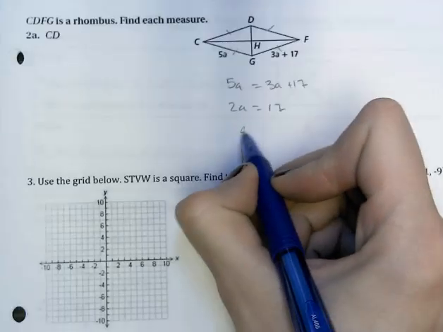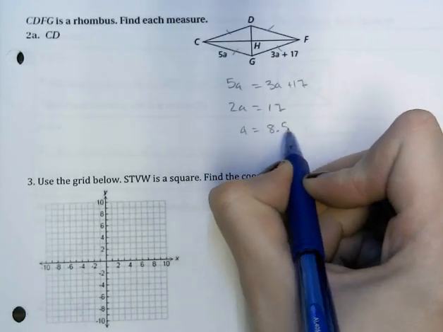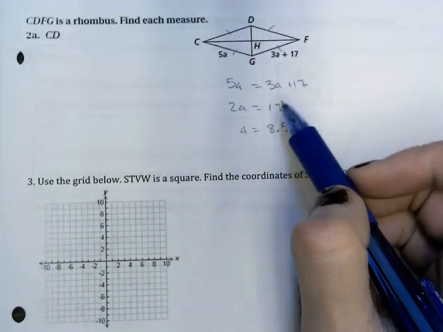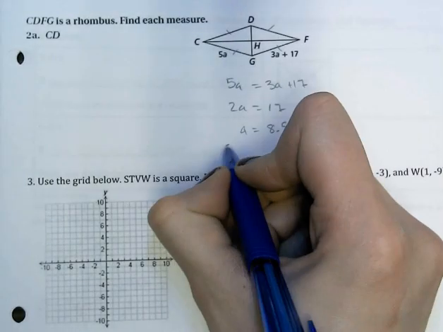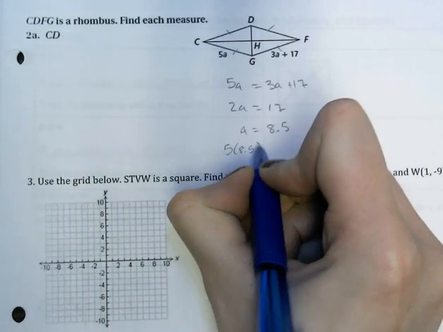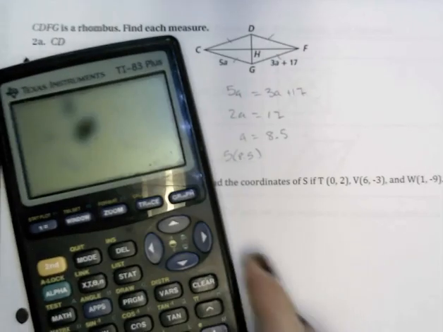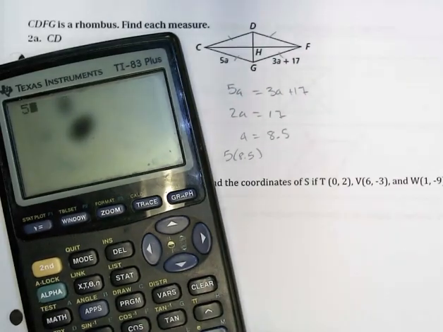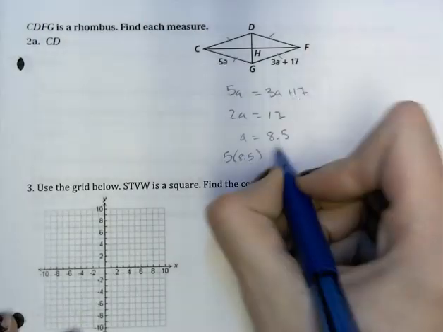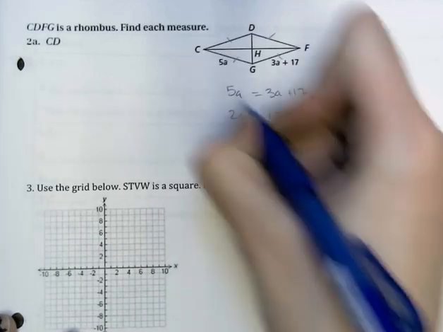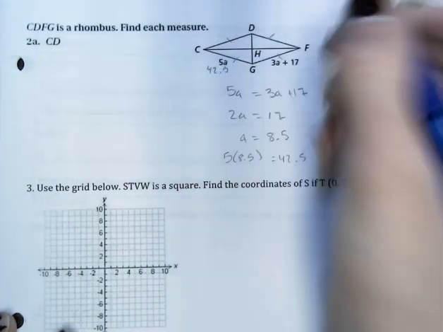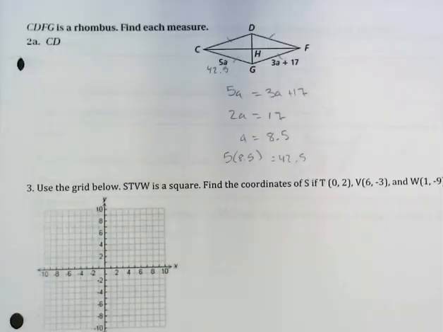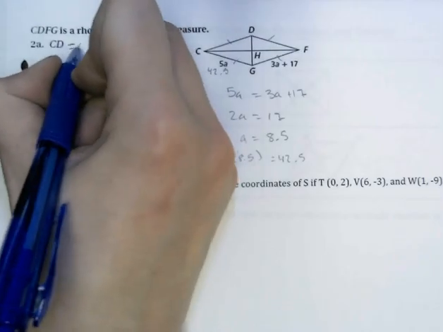Divide by 2, half of 17 is 8.5. If I plug this back in, 5 times 8.5, we get 42.5. So that was CG, but remember all the sides are the same. So if CG is 42.5, so is CD.